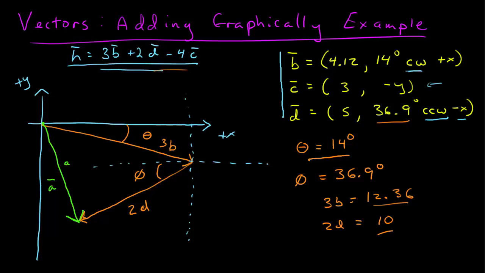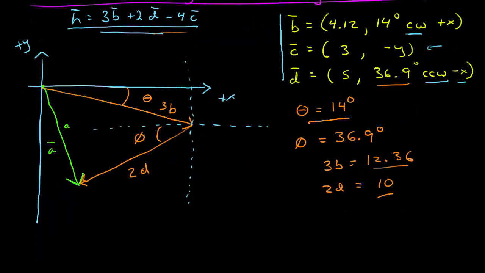So using the law of cosines, I can now find the length of vector a. Using basic geometry rules, I know that this angle is also theta. That means this interior angle of this triangle is theta plus phi, and theta plus phi is equal to 50.9 degrees.